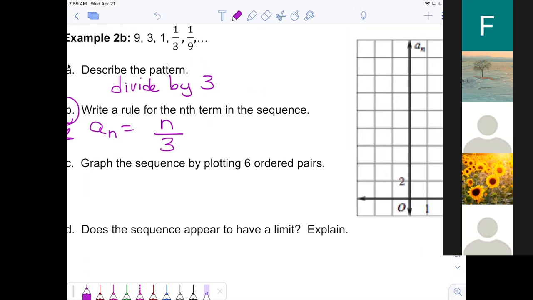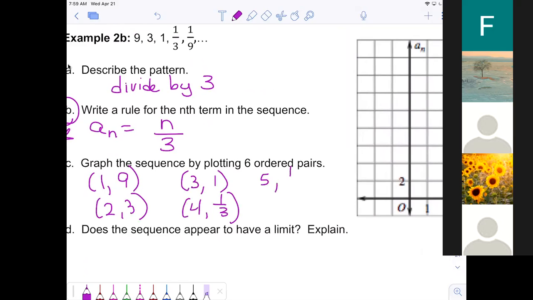So let's see if we can graph this. So first term is 9, second term is 3, third term is 1, fourth term is a third, fifth term is a ninth, and it says plot 6, so you've got to get one more, and that would be 1/27.